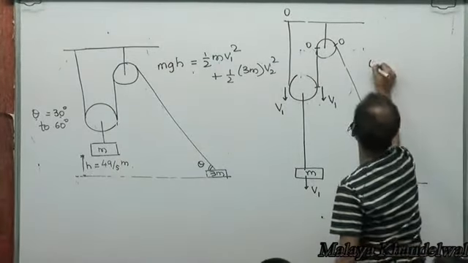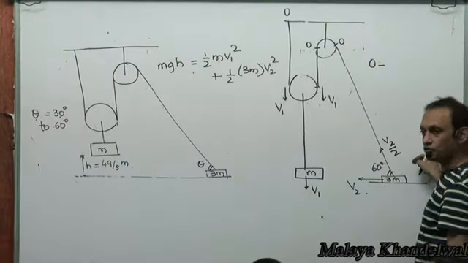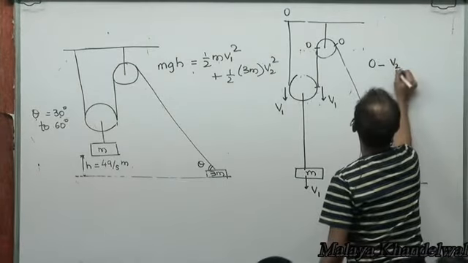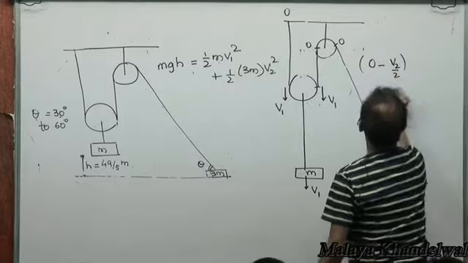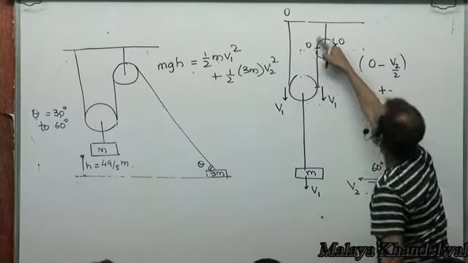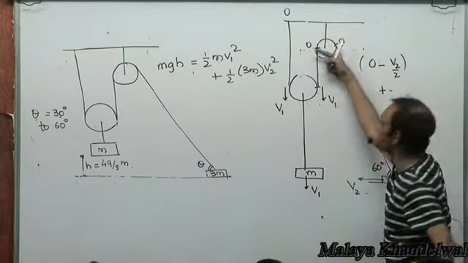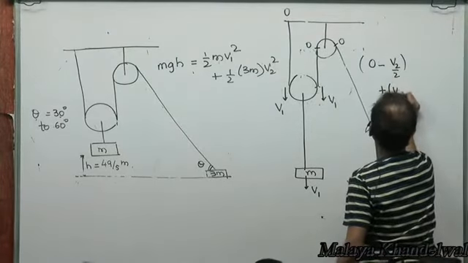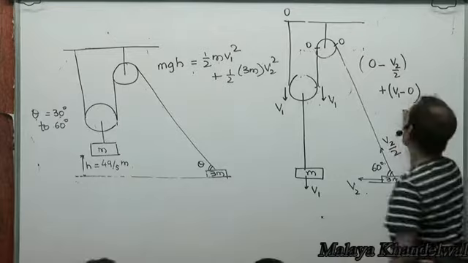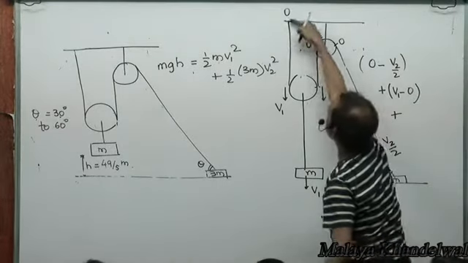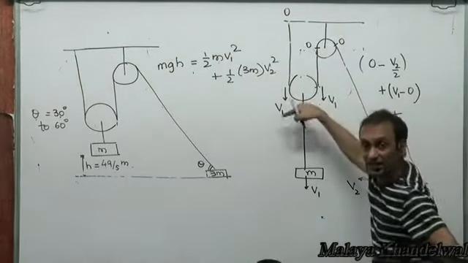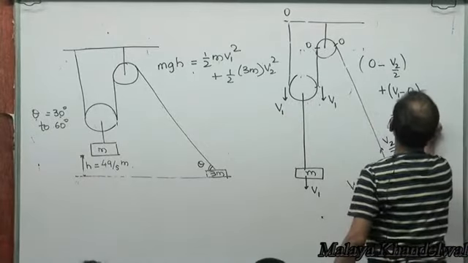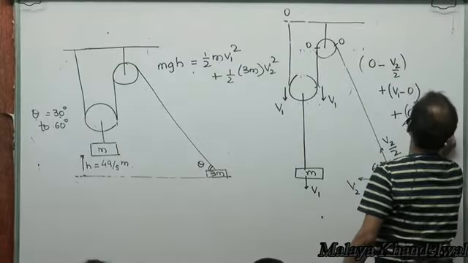So I have 0 minus V2 by 2, plus, this is the wraparound length constant, then V1 minus 0, and then I go this way, 0 minus V1, 0 minus V1, 0 plus V1, all of this must add up to 0.